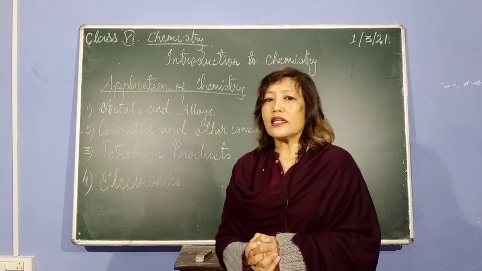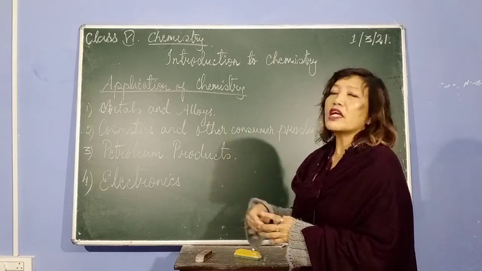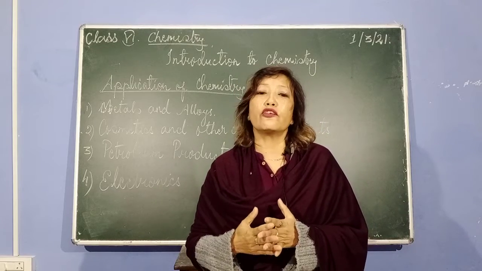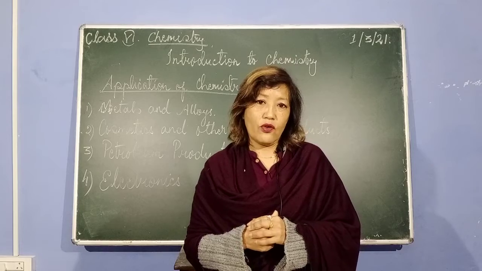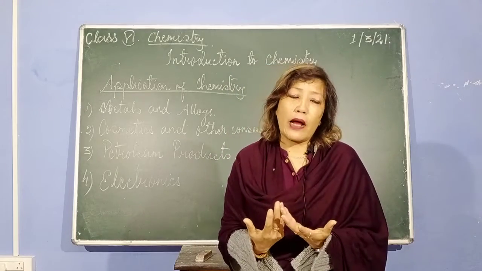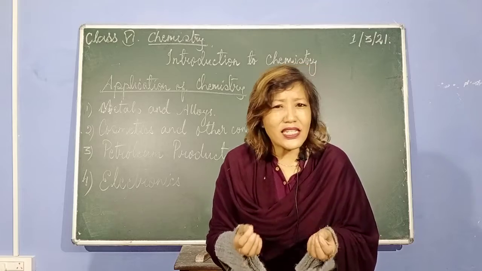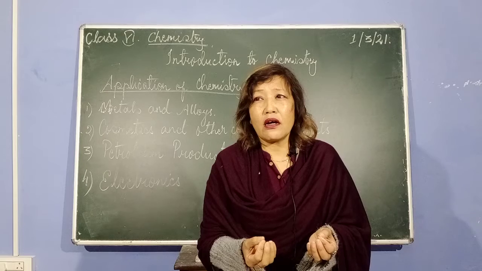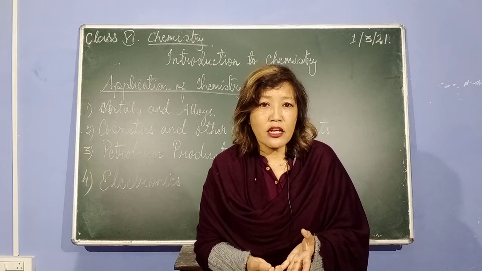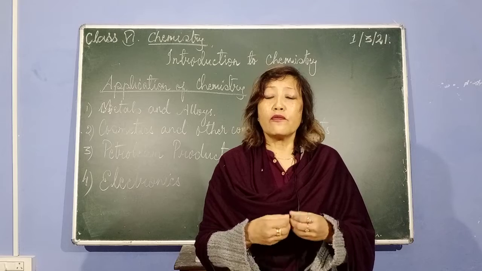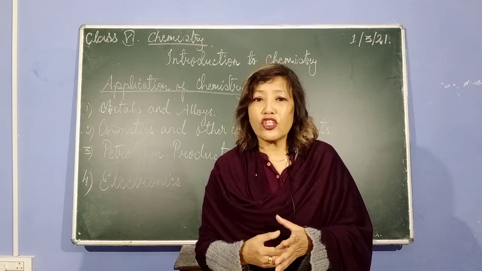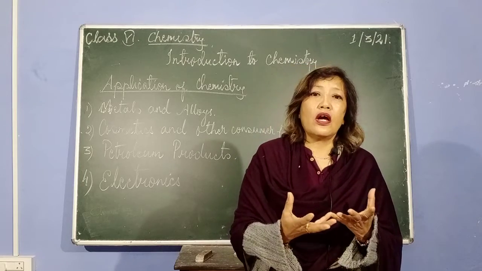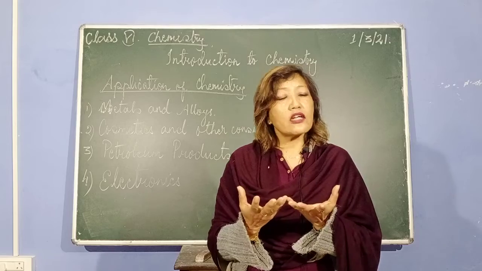Alright, then the next field is the field of electronics. Now, chemistry plays an important role in the field of electronics. Okay, so how does electronics help us? If you see the practical effect of electronics, such as GPS devices, mobile phones, computers, radios, televisions, they help us connect at home and with the surrounding world.